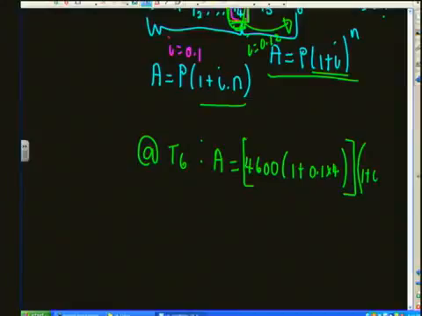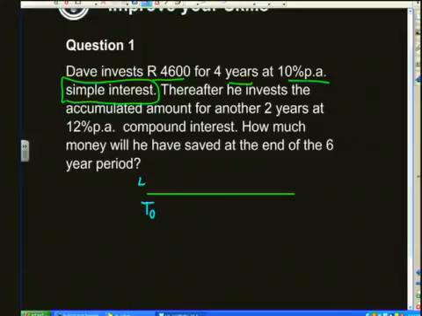He's putting away 4,600 Rand, and this is invested for 4 years at 10%. So we've got year 1, year 2, all the way to year 4. And during that period, his interest rate is 10% per annum, simple interest.